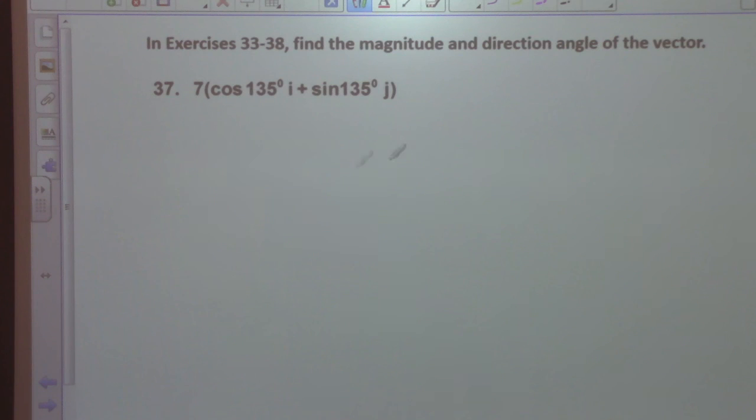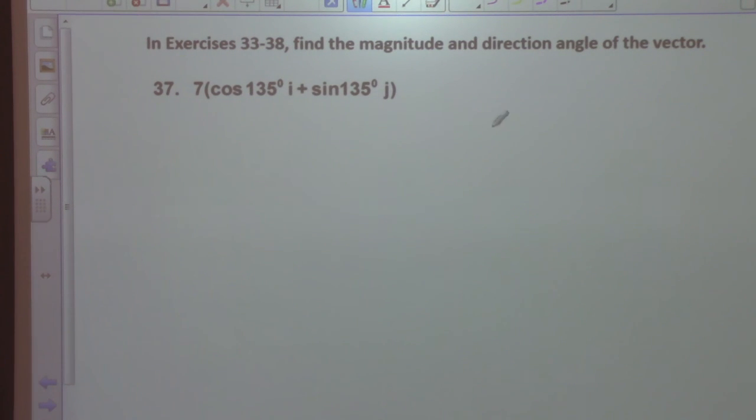And this one right here, 37. Karina, do you have 37 figured out yet? All right, Karina, for magnitude and direction, what do you get for your magnitude here?